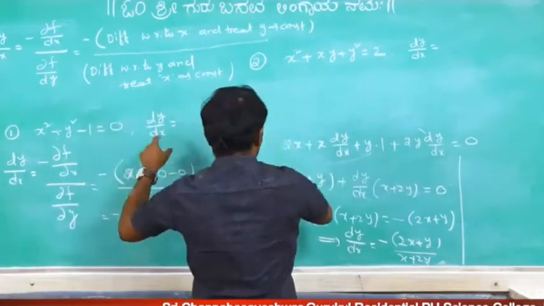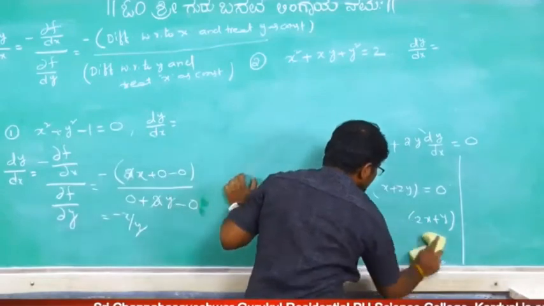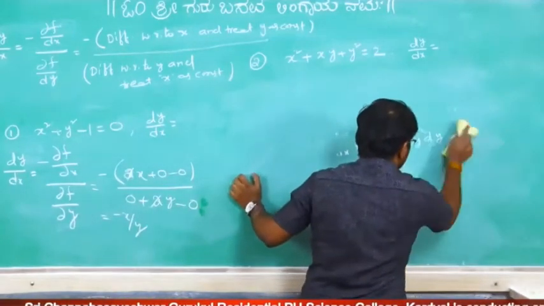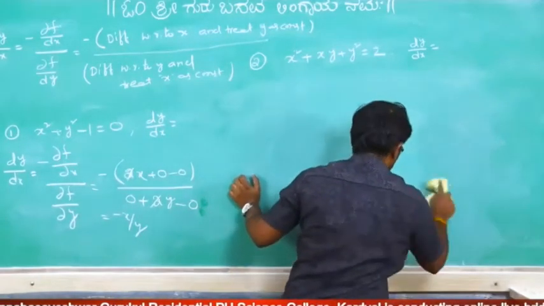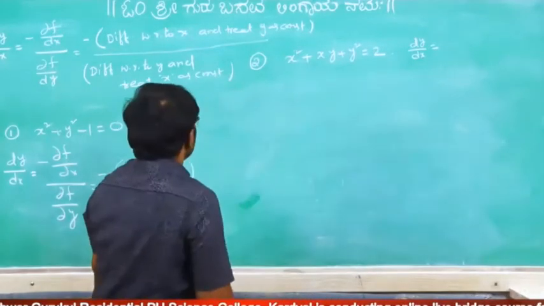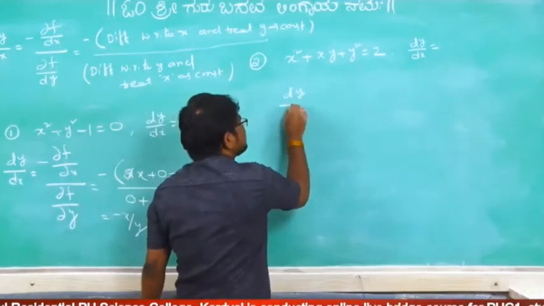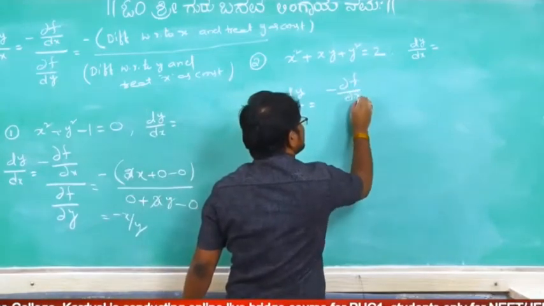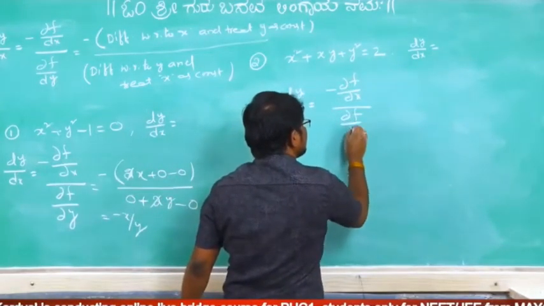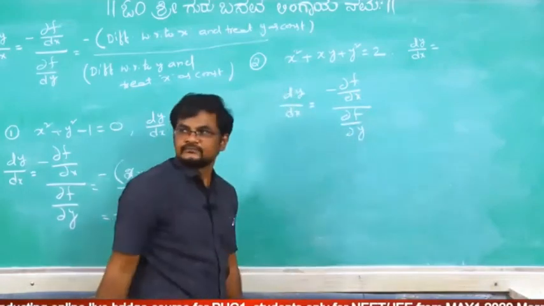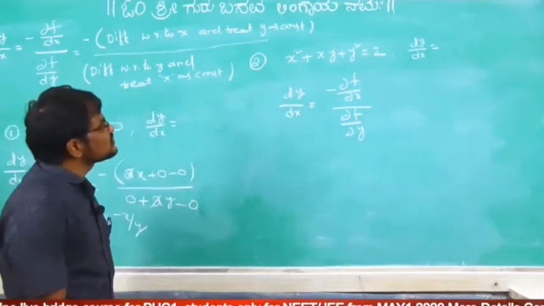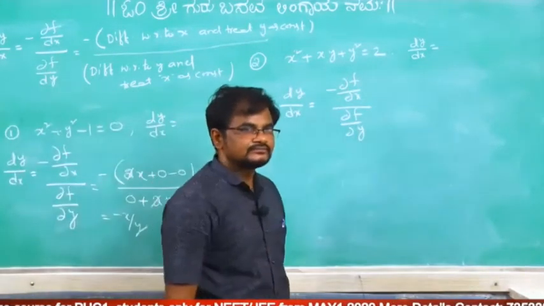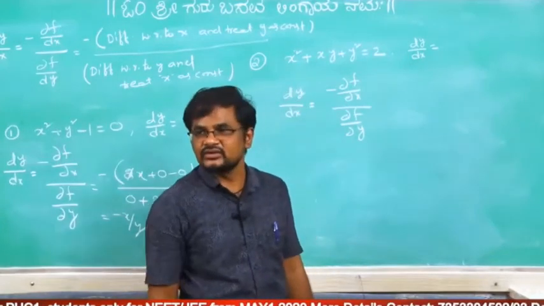Now come to this one. By using this, how to do the differentiation of this implicit function? dy by dx equal to minus dou f by dou x divided by dou f by dou y. And now our function is x square plus xy plus y square equal to 2.